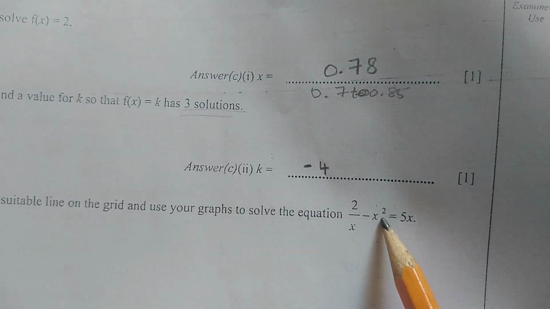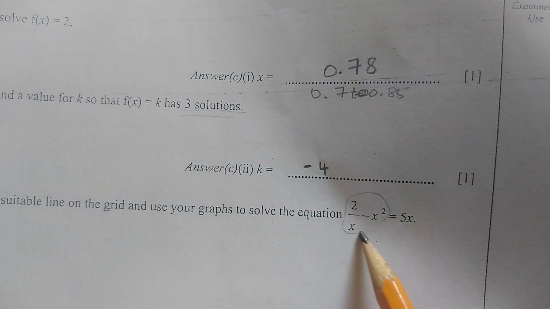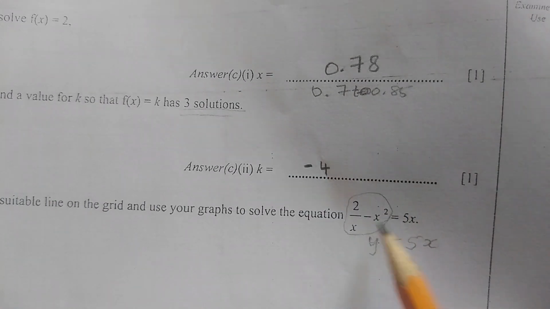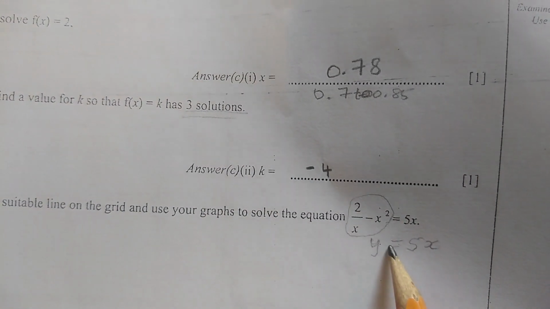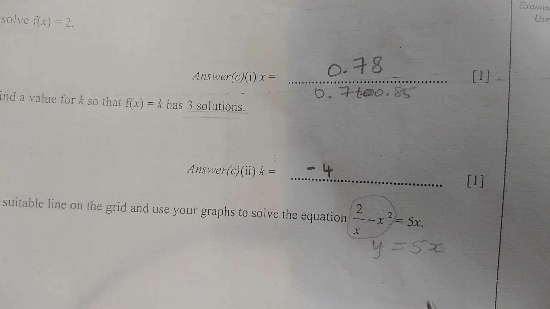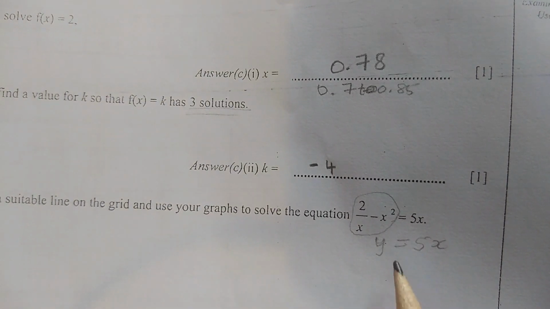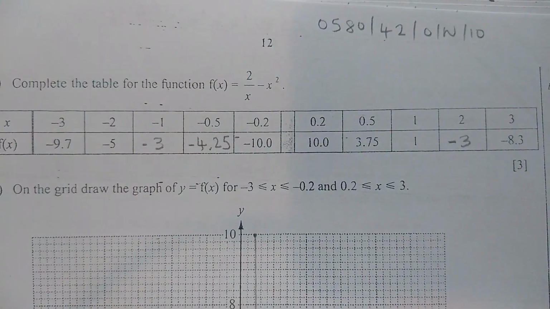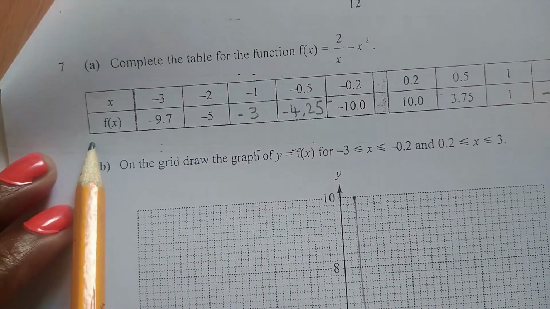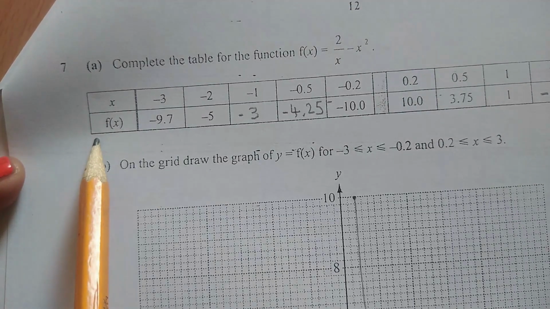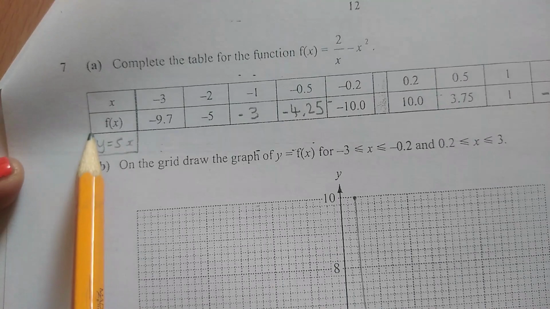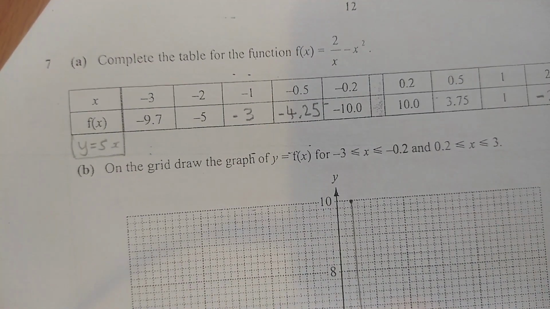So this whole thing, we're just going to call it y equals to 5x because it's the same as f of x. Y equals to 5x. Now we're going to draw the line y equals to 5x, okay?